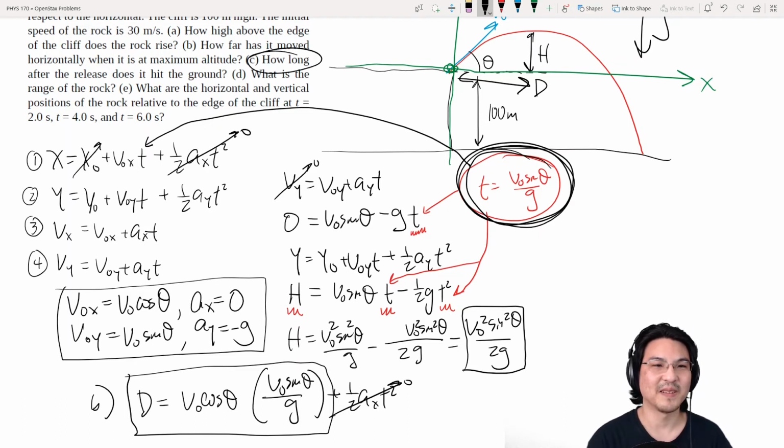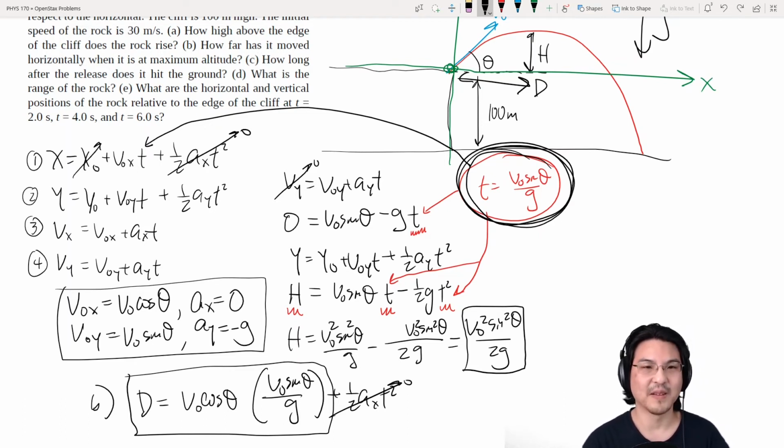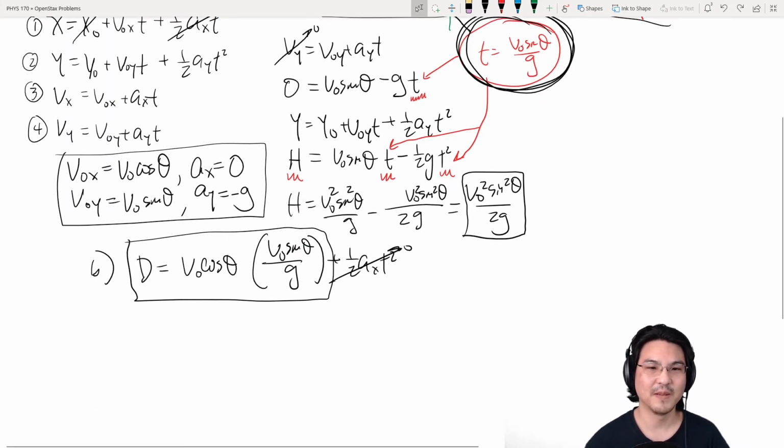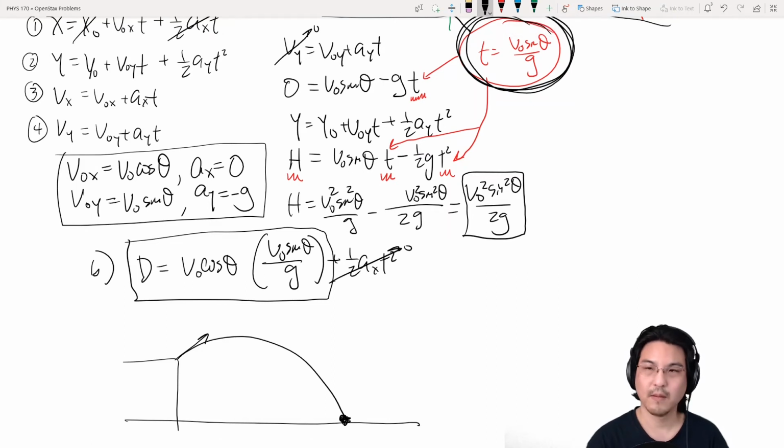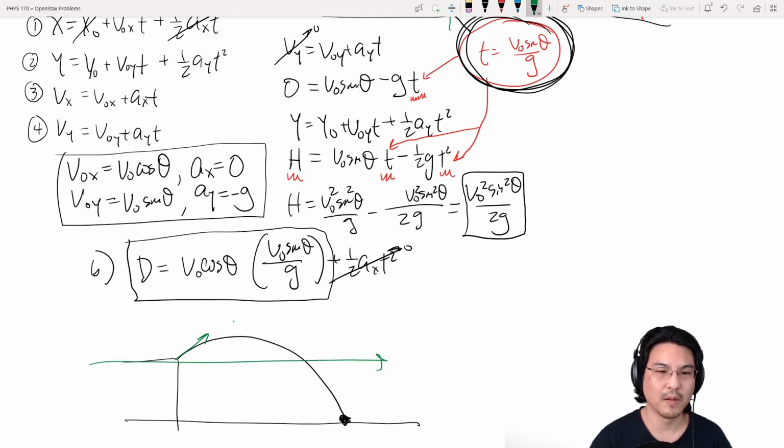Okay, let's try this one. How long until it hits the ground? Similarly, here's the cliff. It lands on the ground. So what's significant about that? We know something about where it hits the ground.